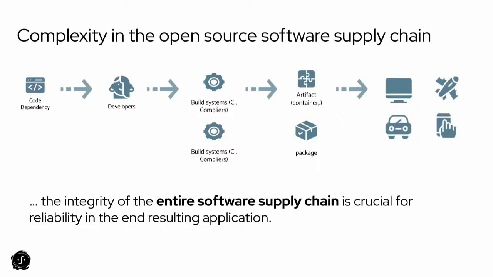So an attack on any one part of the supply chain is going to introduce bugs into the end result, and this is why supply chain security is going to be critical for many of the things that we do today.